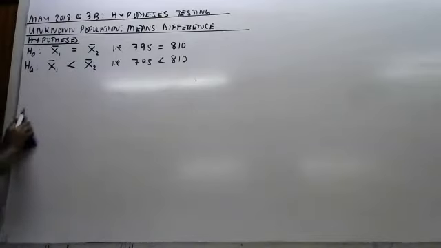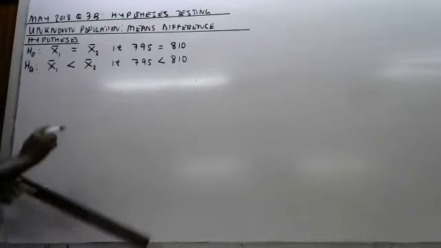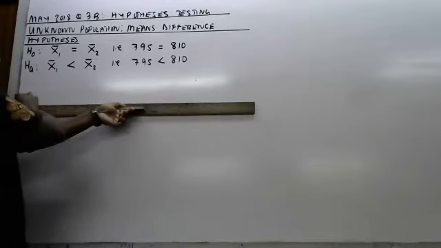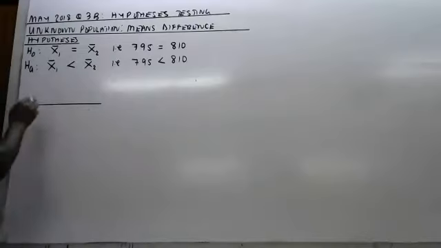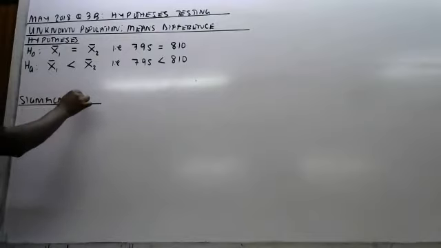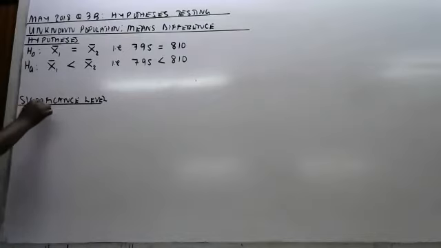Sorry, I think my brain is ahead of me. So the significance level is that alpha is 0.05.